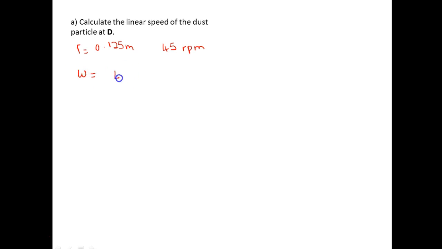We can say that the angular speed is 45 revolutions times 2 pi radians over t, where the time period is 60 seconds because it's per minute. So that's 2 pi radians over 60 seconds. If we calculate that out, that gives us 4.7 or 4.71 radians per second.